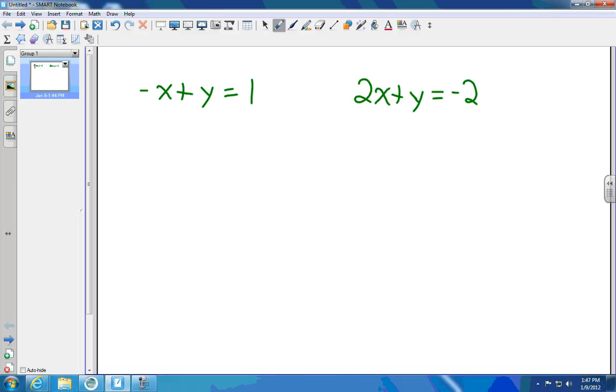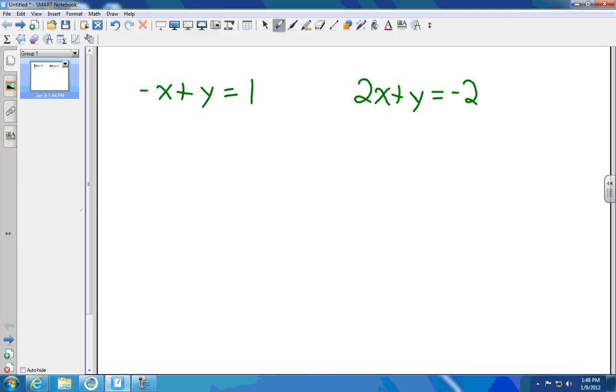With substitution, your first step there at the top of page 405 says solve one of the equations for one of its variables. Both of these are set up to where you can solve for one of the variables rather easily. In that first equation, you're always going to want to solve for one of the letters that has a 1 in front of it.